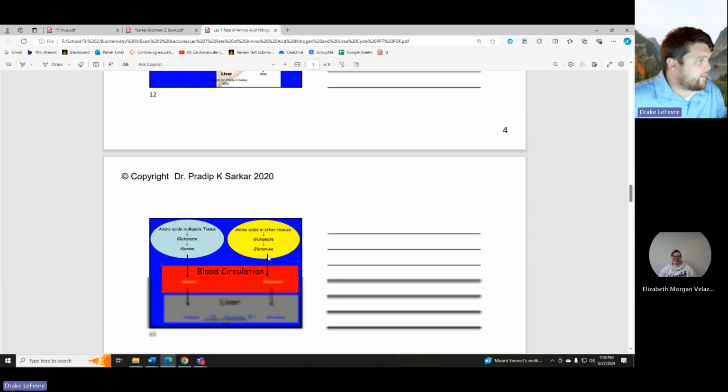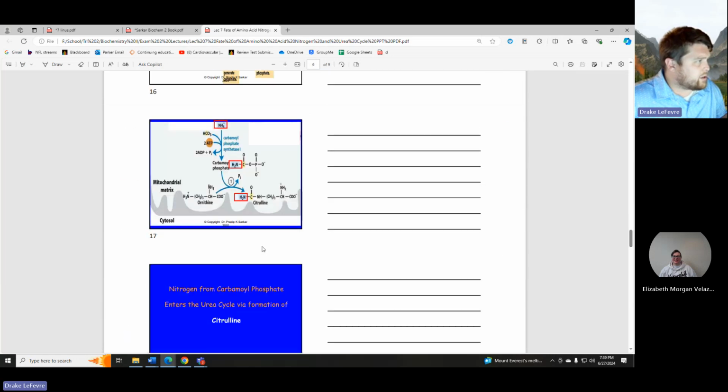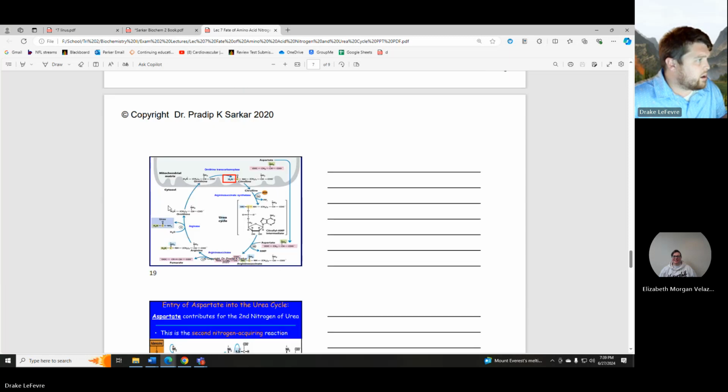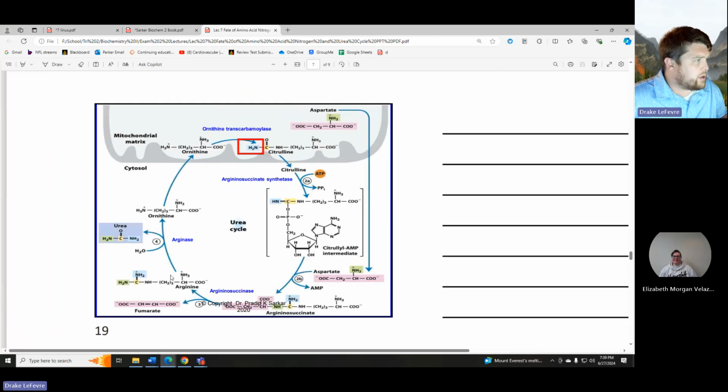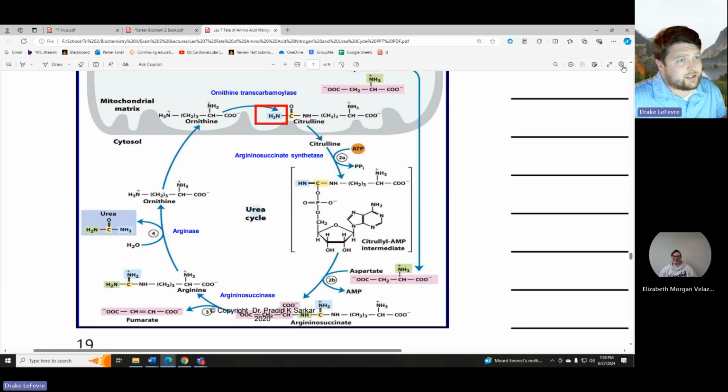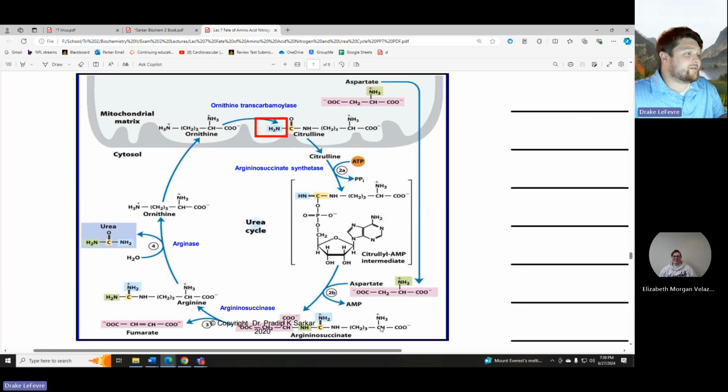I'm going to find a nice picture of the urea cycle. Here we go. Unfortunately, this is just another one that we need to draw out and memorize, figuring out what is going where and what turns into what, because that's just part of biochemistry.